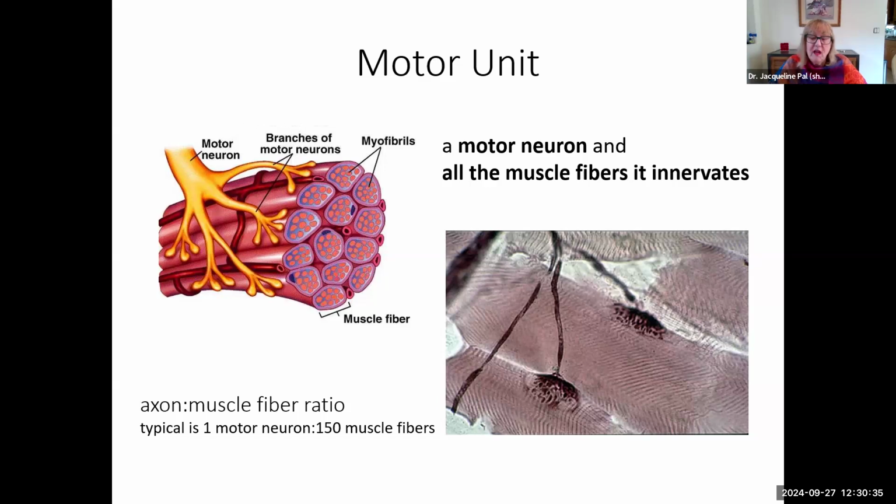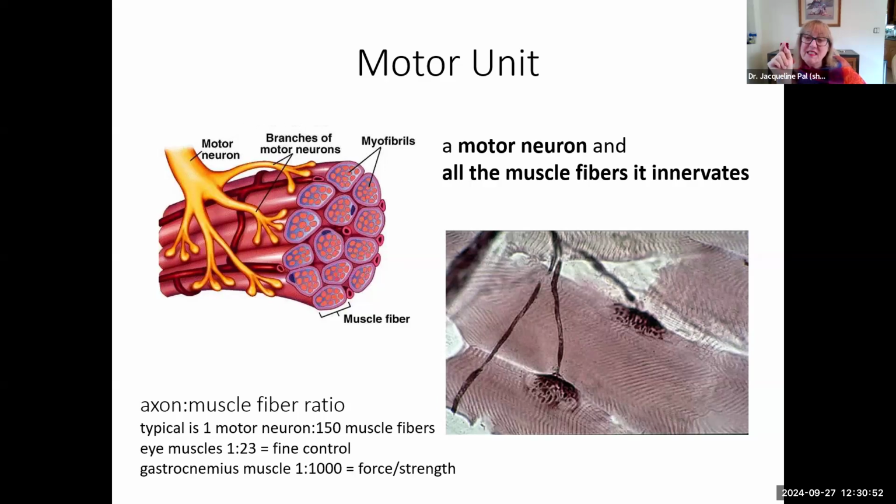Okay, 150 cells, great. But in the eyeball, where we have skeletal muscles moving your eyeball, 1 motor neuron only innervates 23 cells, which means we can do very tiny movements.